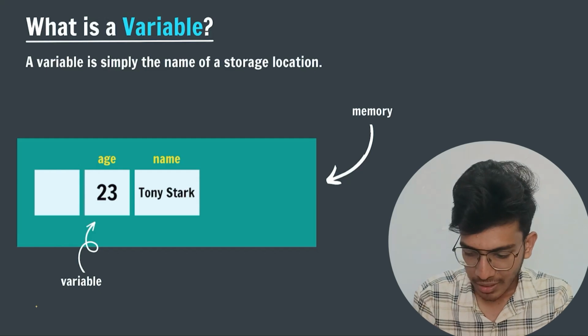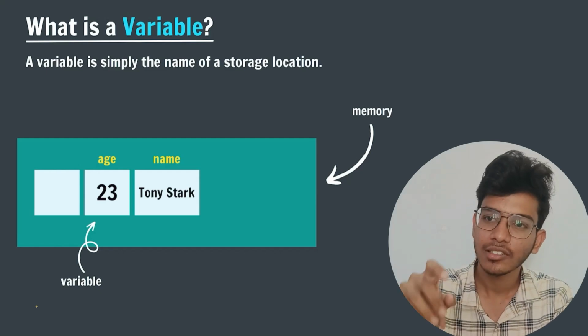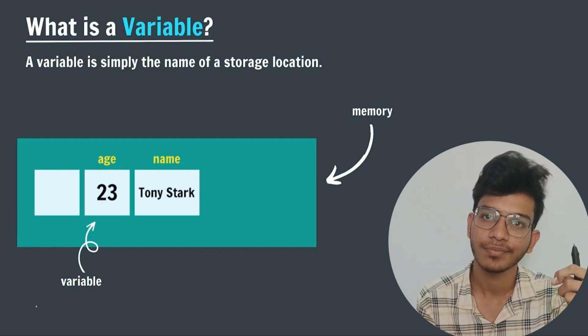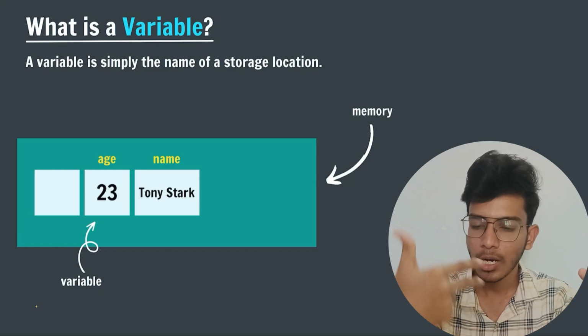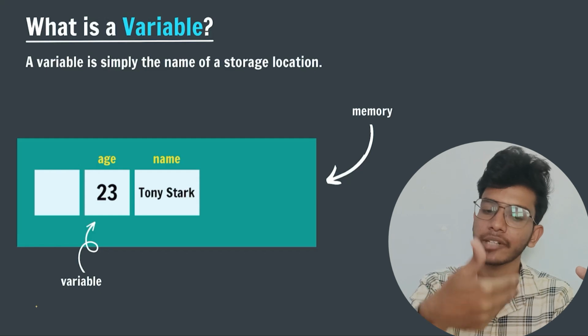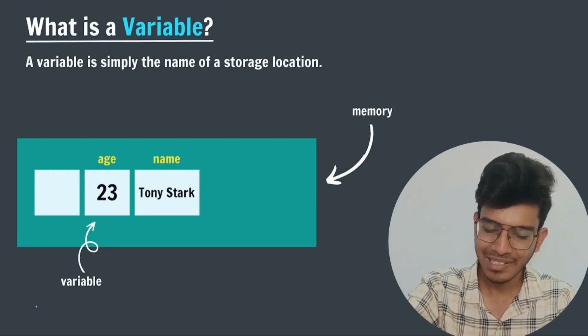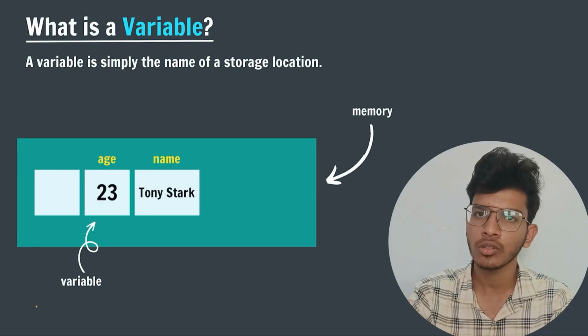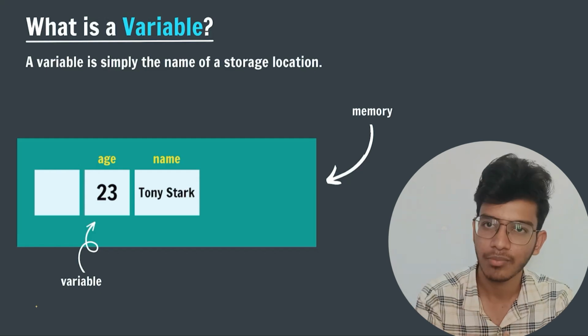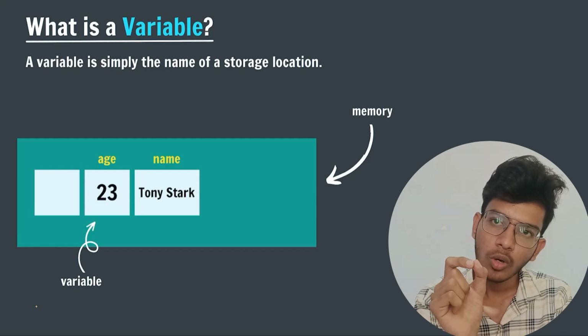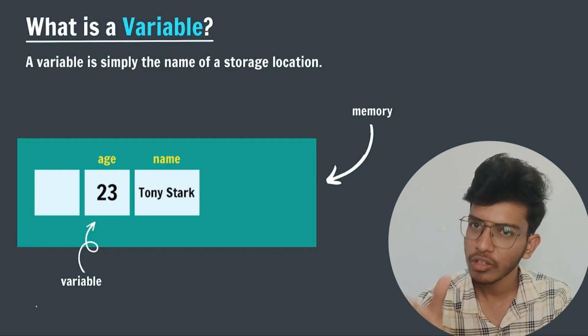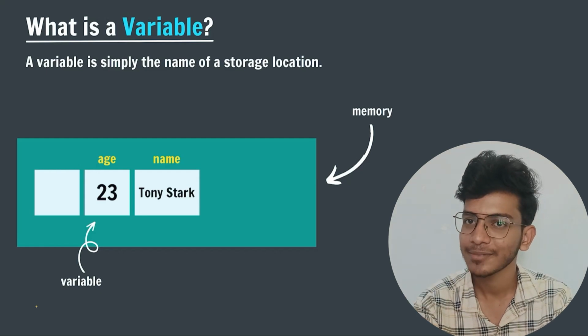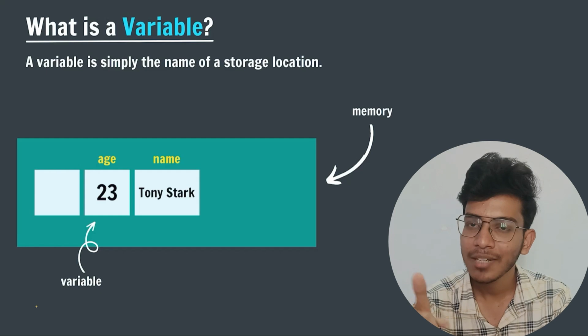Now you want to access some facilities in your house, it might be AC or whatever you want, right? You want to go into that house and utilize something. Now to go to your house, what do you need? You need an address, and that address is nothing but a variable.